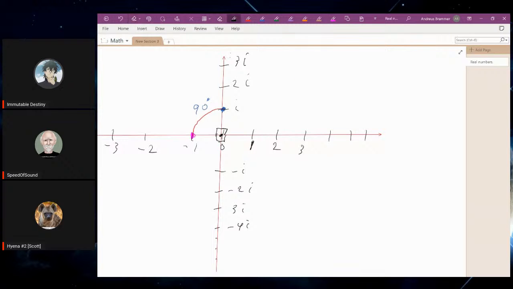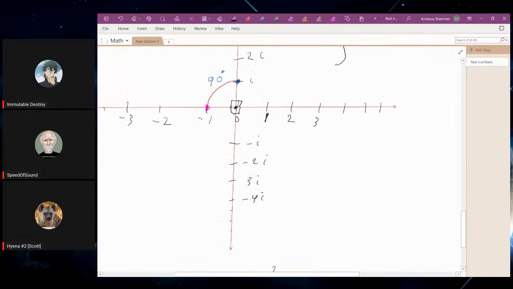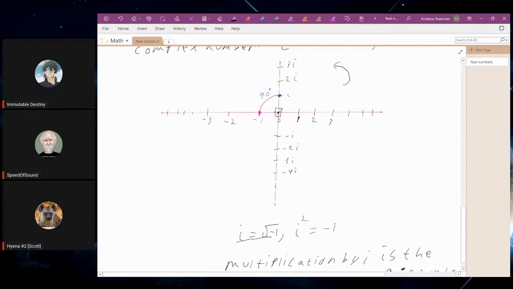But it's rotating in the counterclockwise direction. This is something that i does to other numbers. And so, unlike real numbers, which either cause some point to expand or contract on the real line, multiplication by this i number allows you to rotate. And that's kind of nifty.